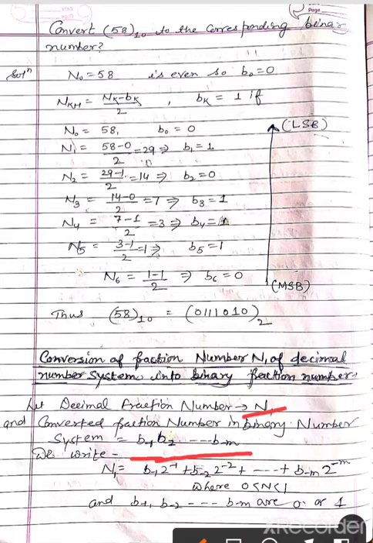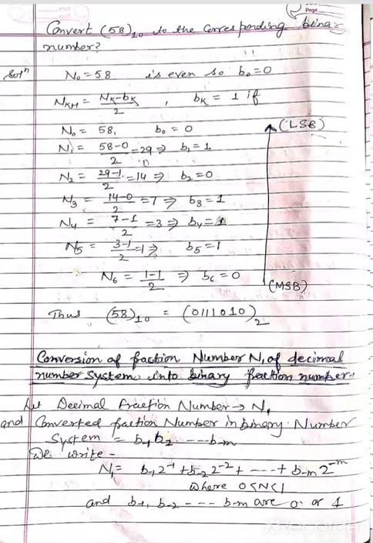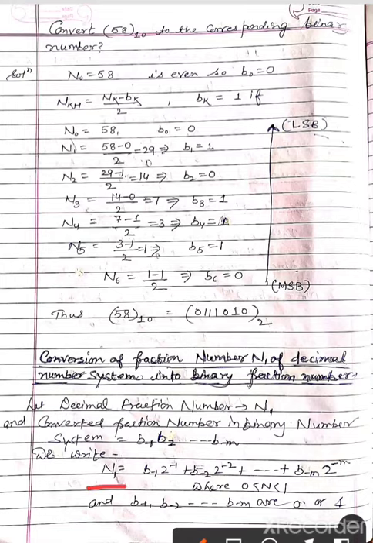This number is equivalent to n1, as we know that b minus 1 has the place value 2 raised to the power minus 1, b minus 2 has the place value 2 raised to the power minus 2, and the other bits likewise.